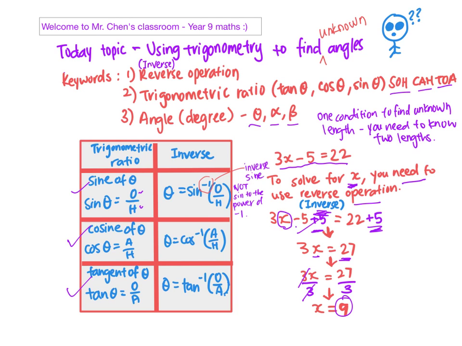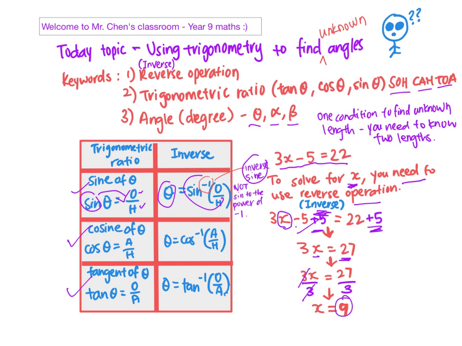The reverse of it is literally just singling out the theta and putting the sine across to the other side. It is not called sine to the power of minus 1, it is actually called the inverse sine. So you just need to do inverse sine, then bracket, then opposite divided by hypotenuse.